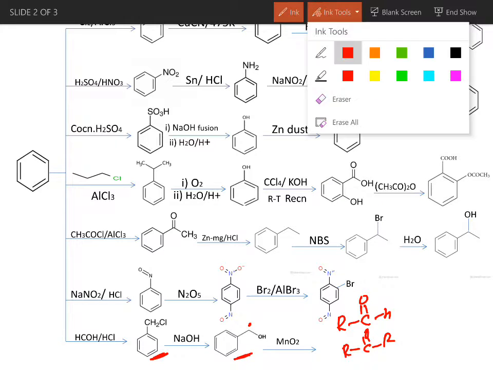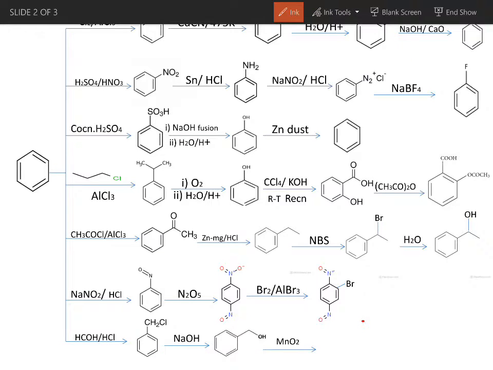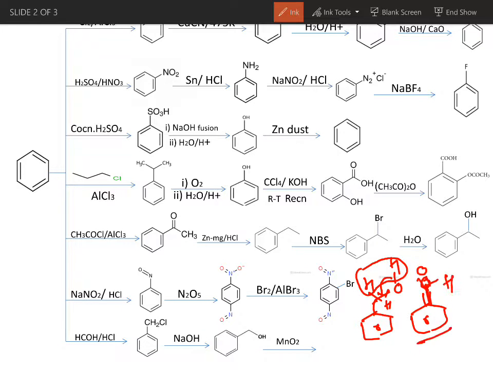Here in this case, with CH2OH, with the help of MnO2 it will be oxidized, that is removal of hydrogen, and it gets converted into aldehyde. So it forms here C double bond O H. This compound is known as benzaldehyde. So selective oxidation by MnO2 converts benzylic or allylic alcohol into aldehyde or ketone.